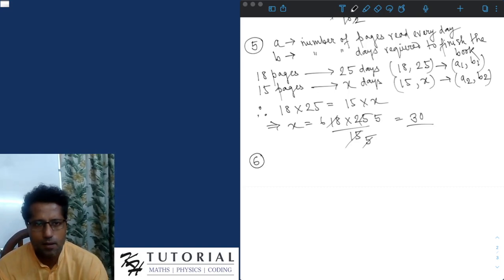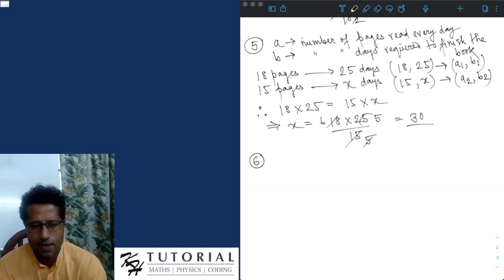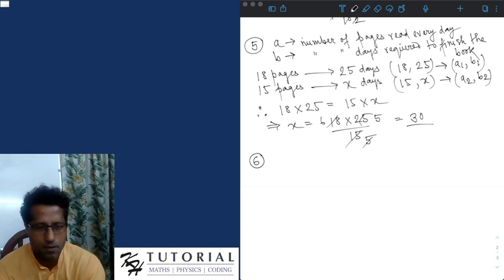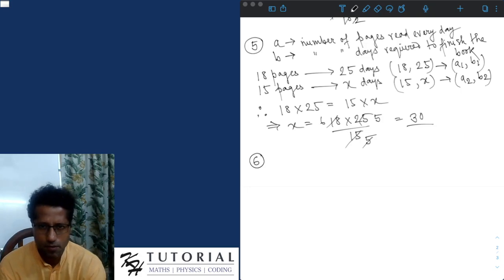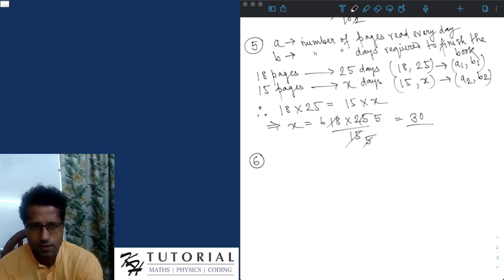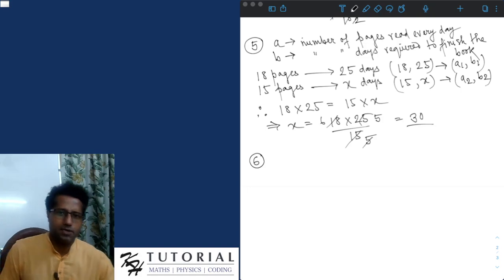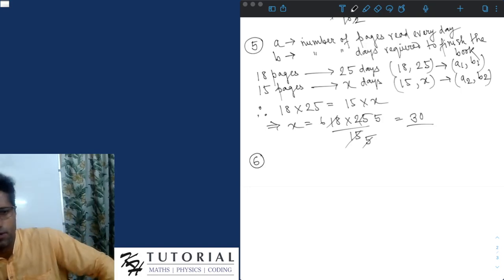Now for Rita, her typing speed is 40 words per minute, and she completes typing a document in 24 minutes. The document concerned in this problem is the same. It is asking, if another person Geeta has a typing speed of 48 words per minute, how much time will she take to type the same document?